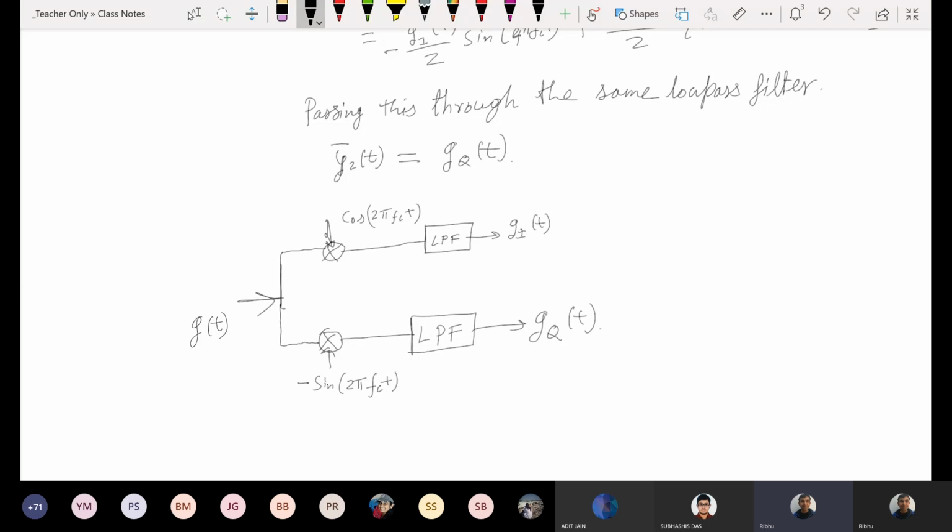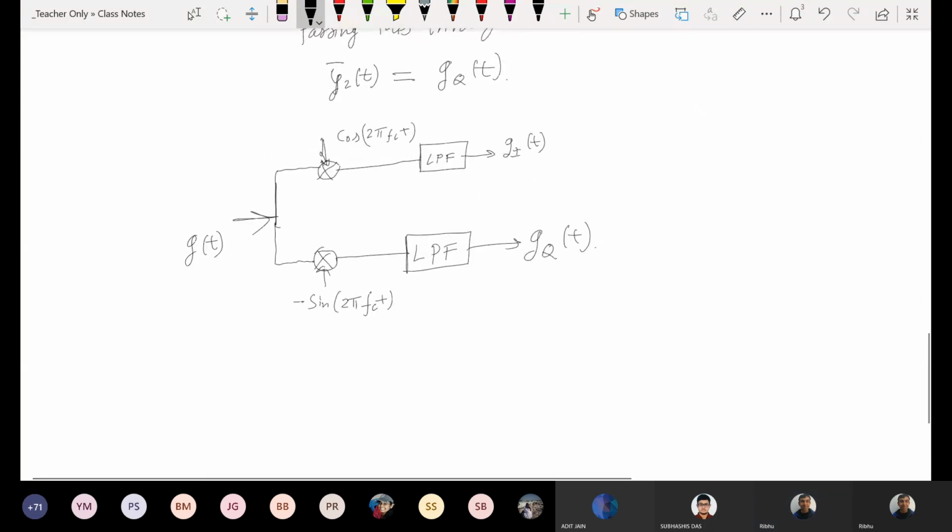So this is how you dissect a signal, or break a bandpass signal into its components.